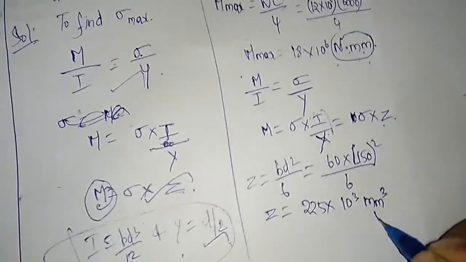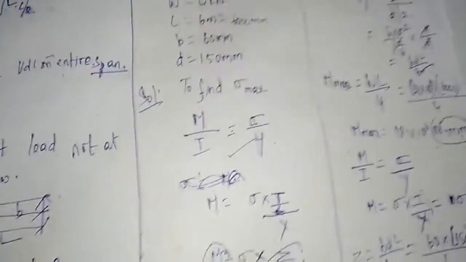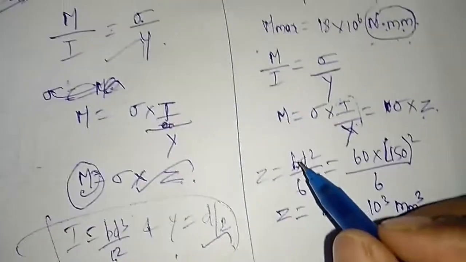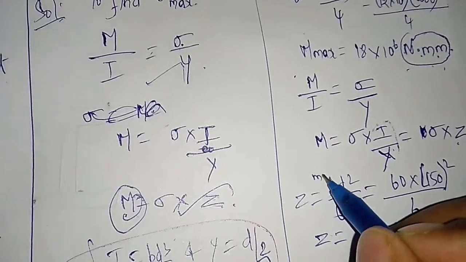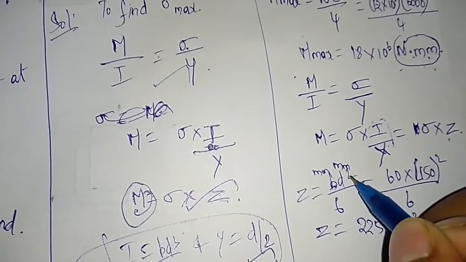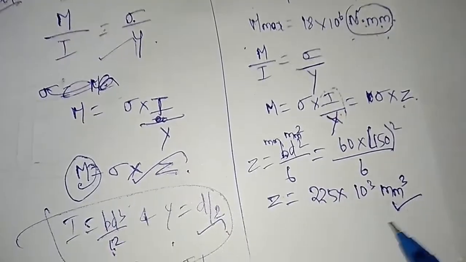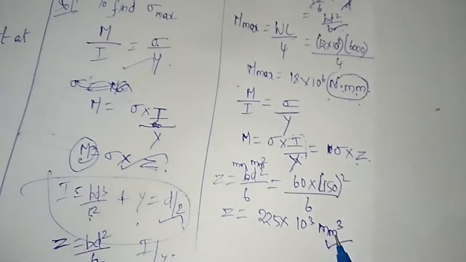Don't forget, for modulus of section your unit is millimeter cube. How? See, the unit of B is millimeter. The unit of D is also millimeter, but squared. So millimeter square into millimeter gives millimeter cube. So modulus of section is 225 into 10 to the power of 3 millimeter cube.